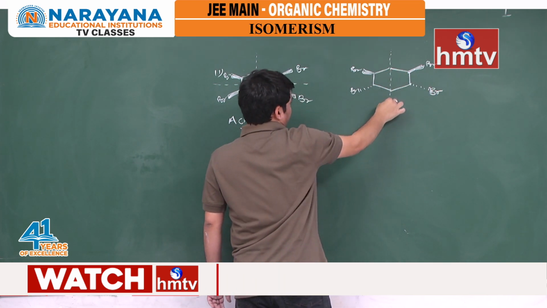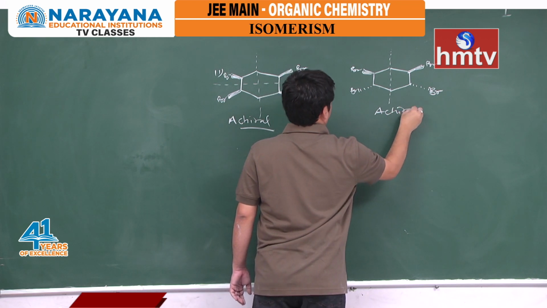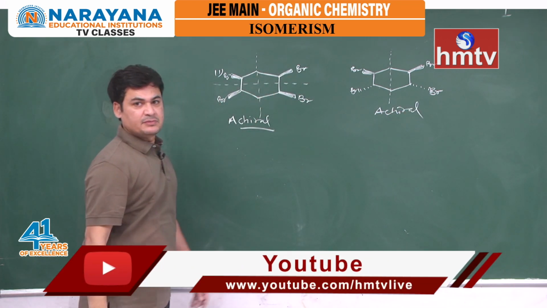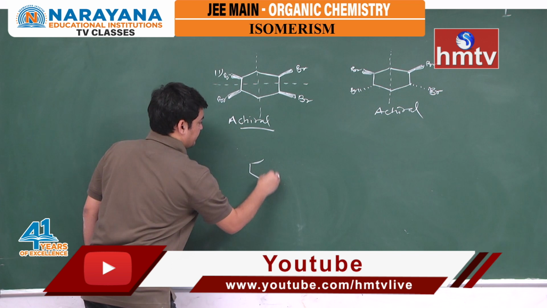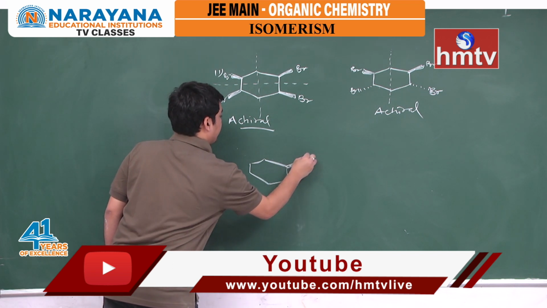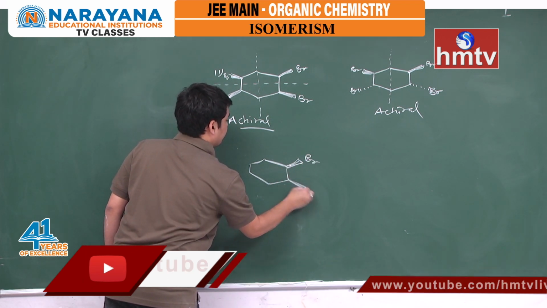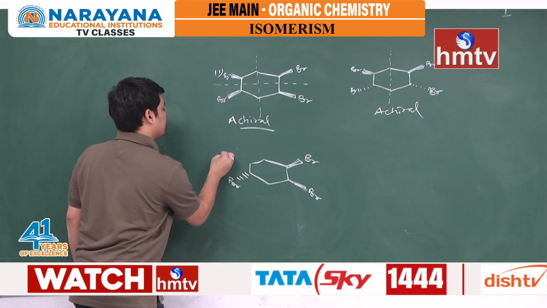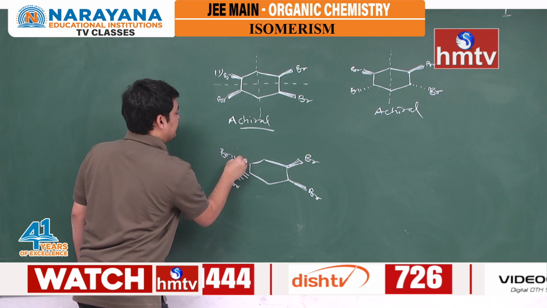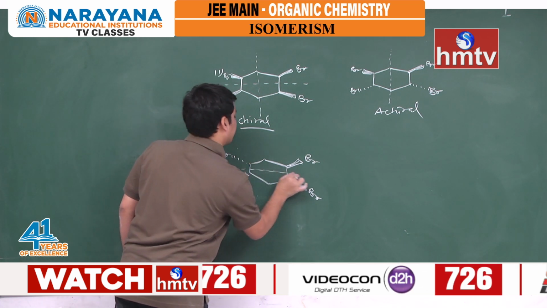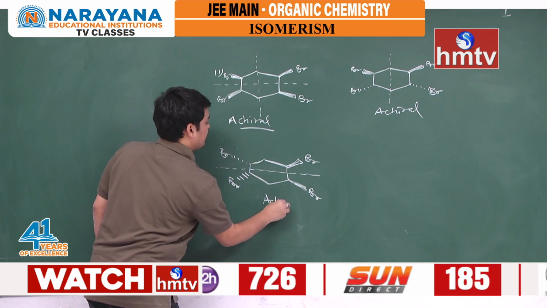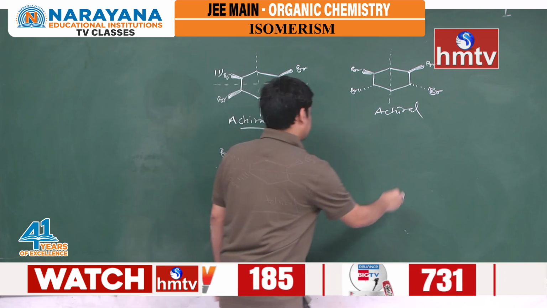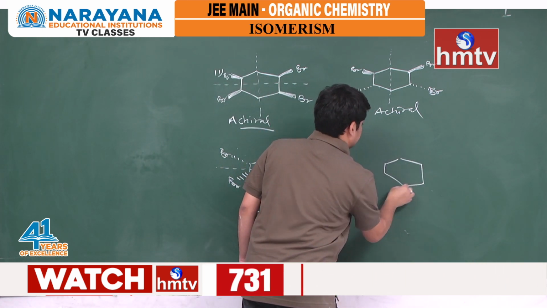We have a plane of symmetry. Again this is achiral. Suppose here we have one wedge Br, one wedge Br, a dash Br, and a dash Br. Again we have a plane of symmetry. This is again achiral. And one more example.